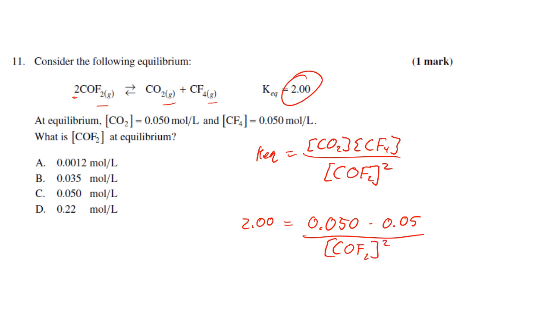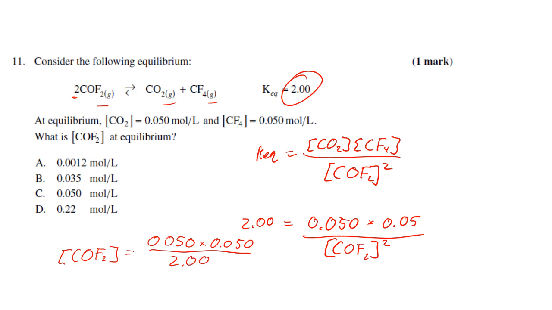Okay. I'm going to skip a lot of the algebra, but I'll show you what I get. It turns into COF2 is equal to 0.050 times another 0.050 divided by 2.0 right there.